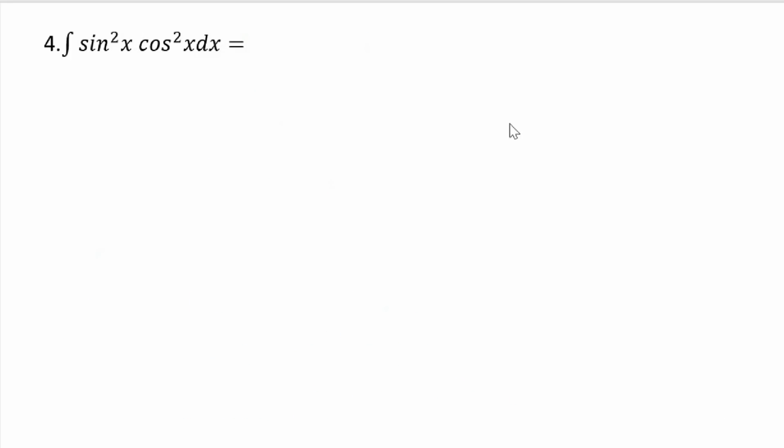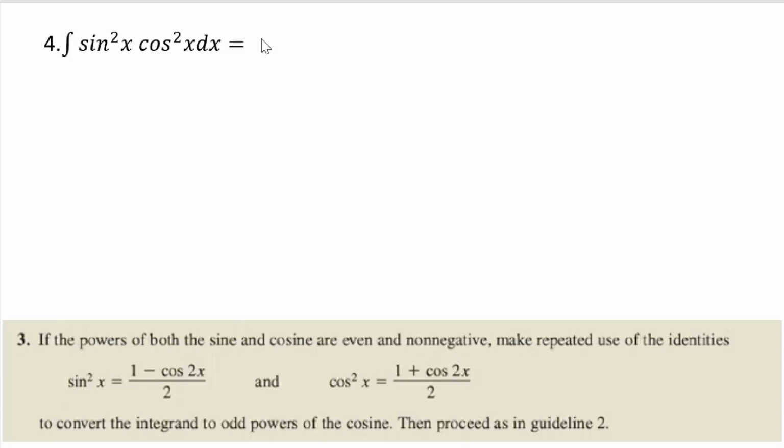Next, we have number 4. So the integral of sine squared x cosine squared x dx. We are going to use the half angle identity to solve this problem. So we can write the integral of 1/2 times 1 minus cosine 2x times 1/2 of 1 plus cosine 2x dx.